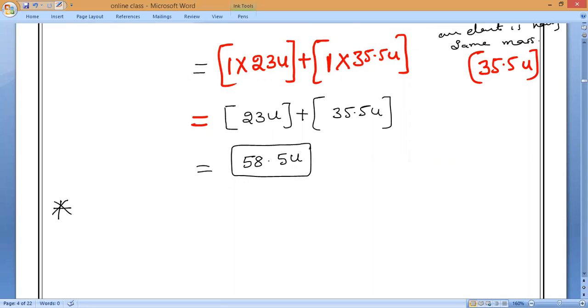Before going to the next concept, we'll go with this example so that you understand. Calcium hydroxide: find the formula unit mass of calcium hydroxide. Calcium means Ca2 plus, hydroxide means OH minus 1.